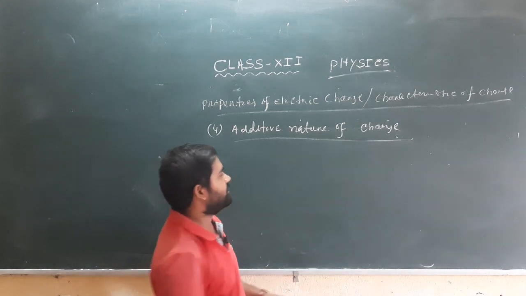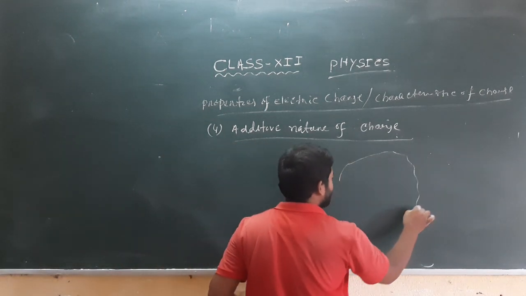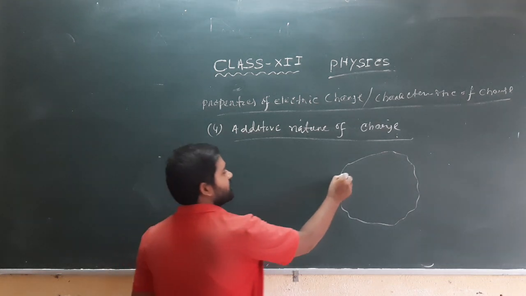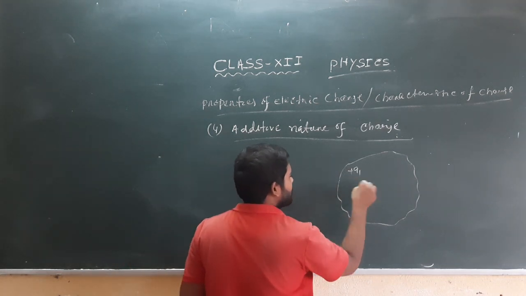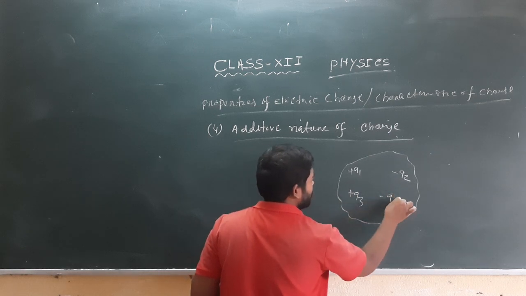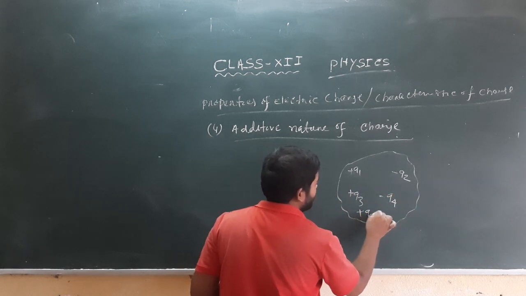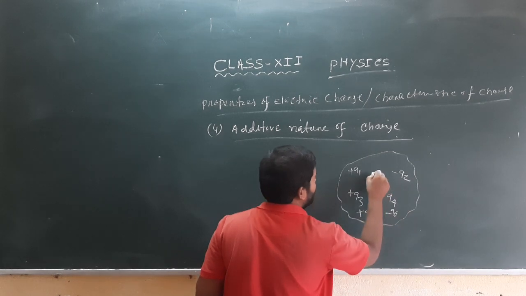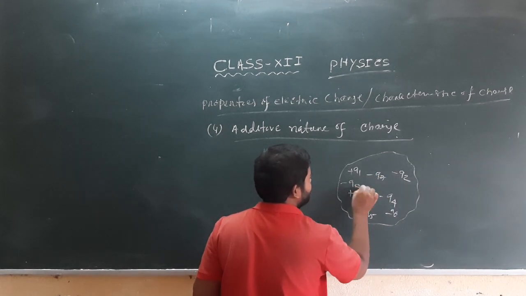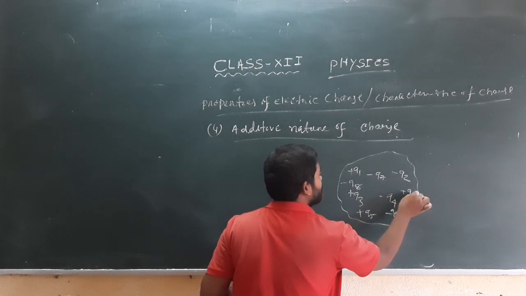When we measure the total charge of any system, suppose I consider here a system which contains a number of charged particles like plus q1, minus q2, plus q3, minus q4, plus q5, minus q6, minus q7, minus q8 and plus q9.